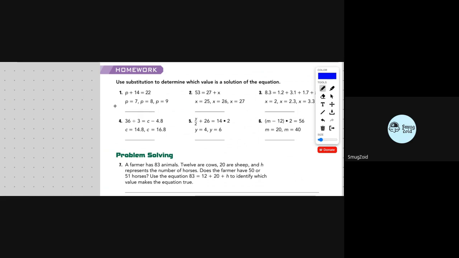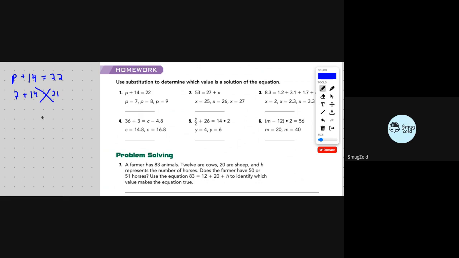And if you feel super smart, you can visualize this and see what's going on. But I'm going to show you something interesting. If I take P plus 14 equals 22, I can just look at this and figure the answer out by visualizing, right? If I put 7 in there, what would I end up with? 7 plus 14, that's 21.